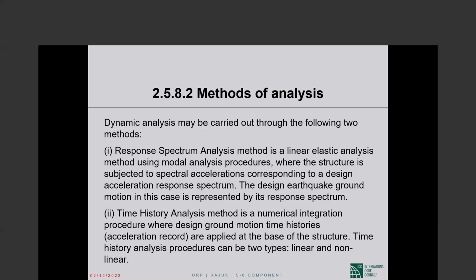So the acceleration history is imparted to the base of the structure, and then we calculate the deformations of the structure from structural dynamics. In this type of analysis, if we assume that the structure remains elastic as it undergoes the earthquake ground motion, then we have elastic time history analysis, which, if you ask me, does not give us any more information than modal response spectrum analysis. So elastic time history analysis is something I personally have never been big on.